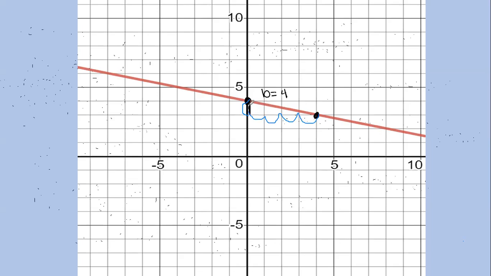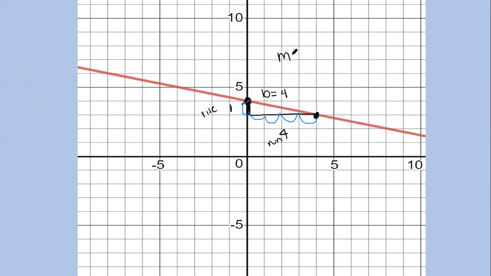Their rise was 1 and the run was 4. Is my slope positive or negative? Negative. It'd be negative 1/4. So my equation would be y equals negative 1/4x plus 4.